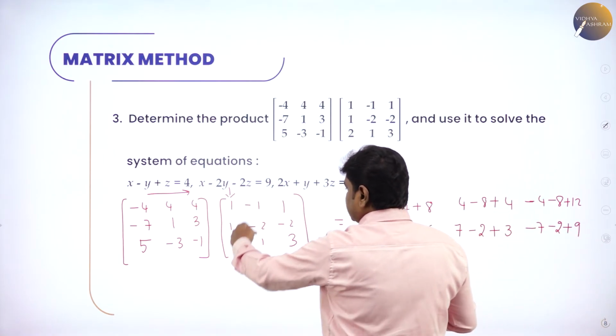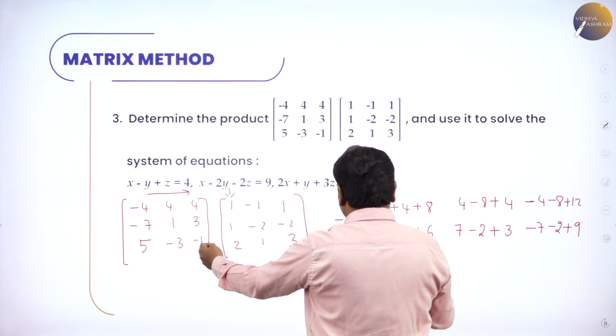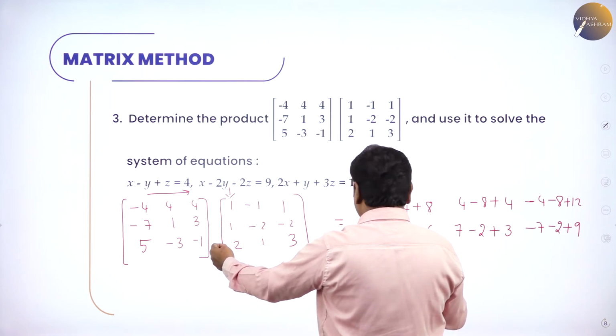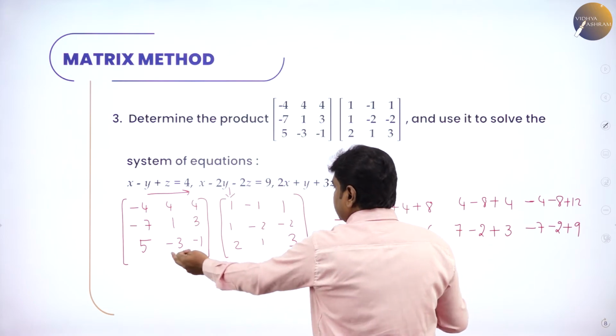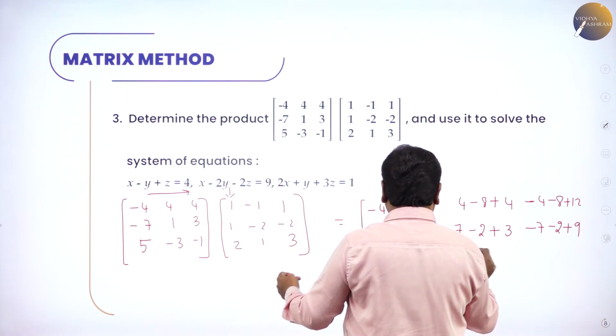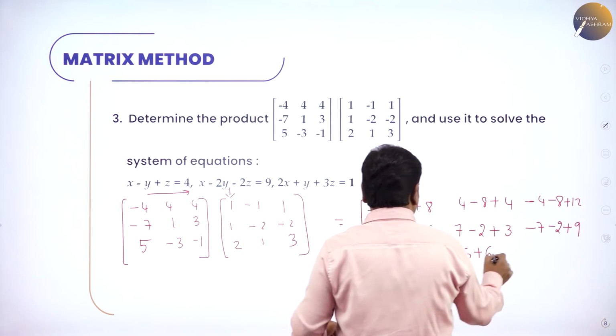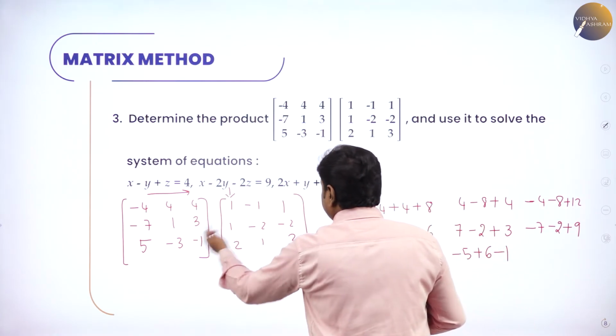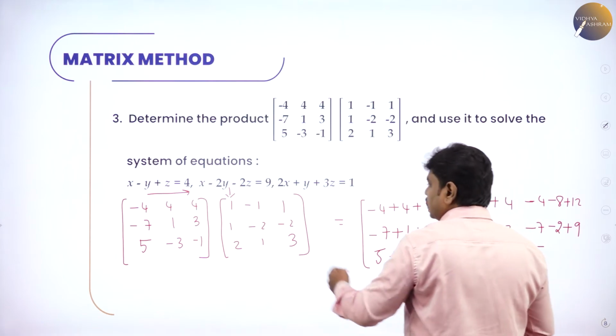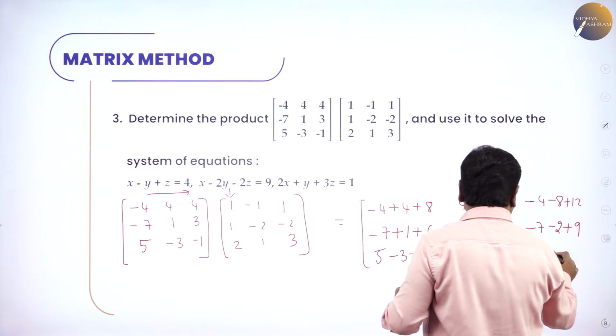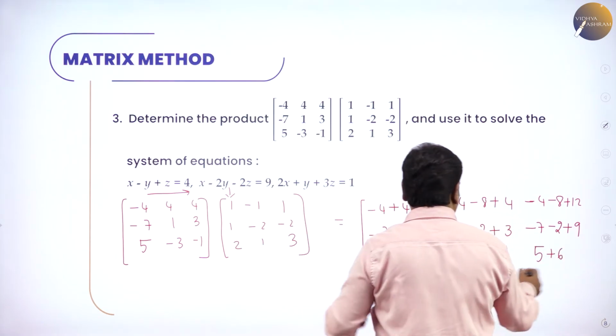Simplify first row with second: 5 ones are 5, minus 3, minus 2, then 5 into minus 5, minus 3 into minus, plus 6, minus into minus minus 1, then 5 ones are 5, then minus into minus plus 6, then minus 3.